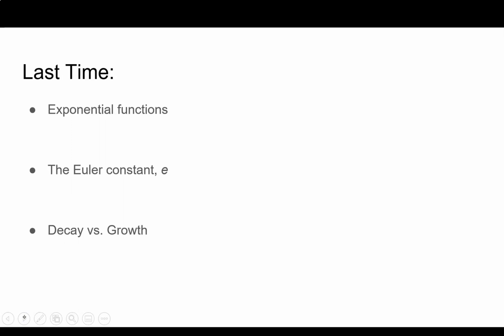So we've talked about exponential functions. Functions look like y equals a times b to the x. We're going to specifically focus on the case where a is 1, so really just y equals b to the x. So our initial value is just 1. We're also going to look at that number e that we saw in previous lessons. We used that with continuous compound interest.